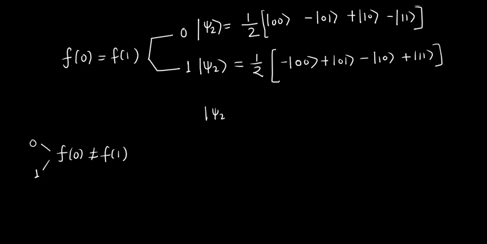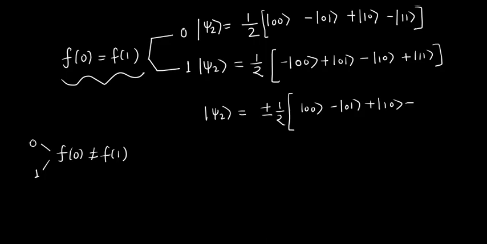So phi 2 for the scenario when f0 is equal to f1 can have either this or this. Plus would consider this and minus would consider this case. So if you put plus minus, it will consider both these scenarios.